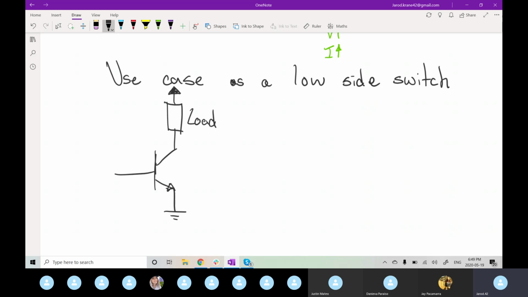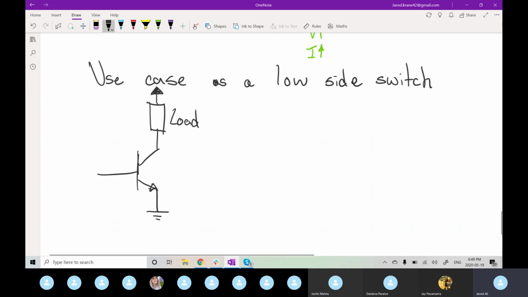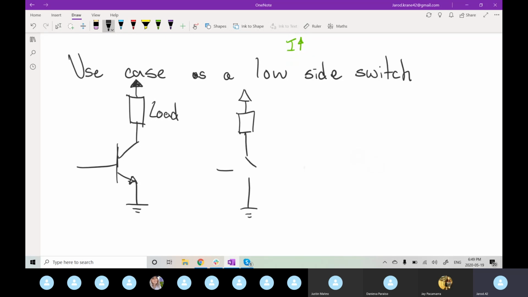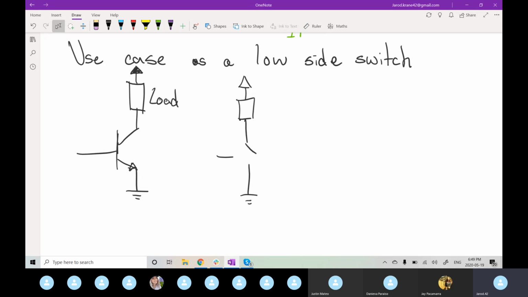So it acts as a switch underneath your load. So it's known as a low side switch, whereas a PNP will work the opposite.